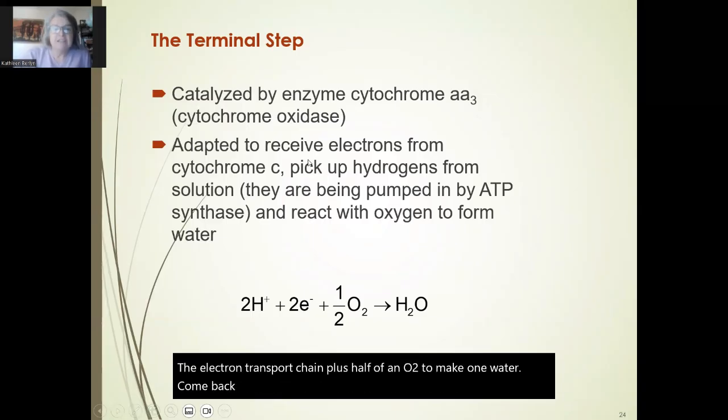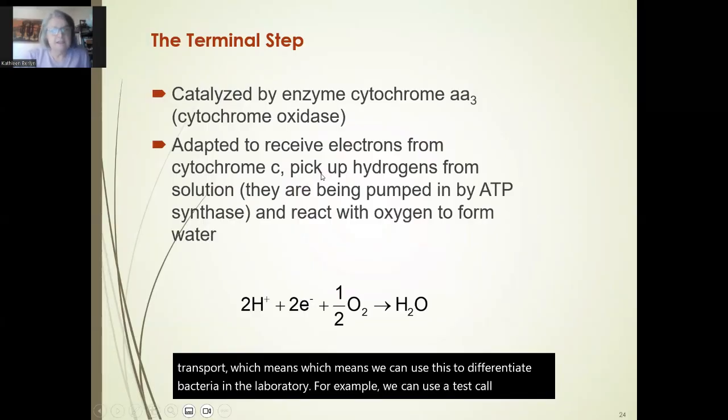Bacteria can have variations in the cytochrome system or in the electron transport, which means we can use this to differentiate bacteria in the laboratory. For example, we can use a test called the oxidase test. The oxidase test can be used to test for Neisseria, Pseudomonas, and some bacillus organisms.